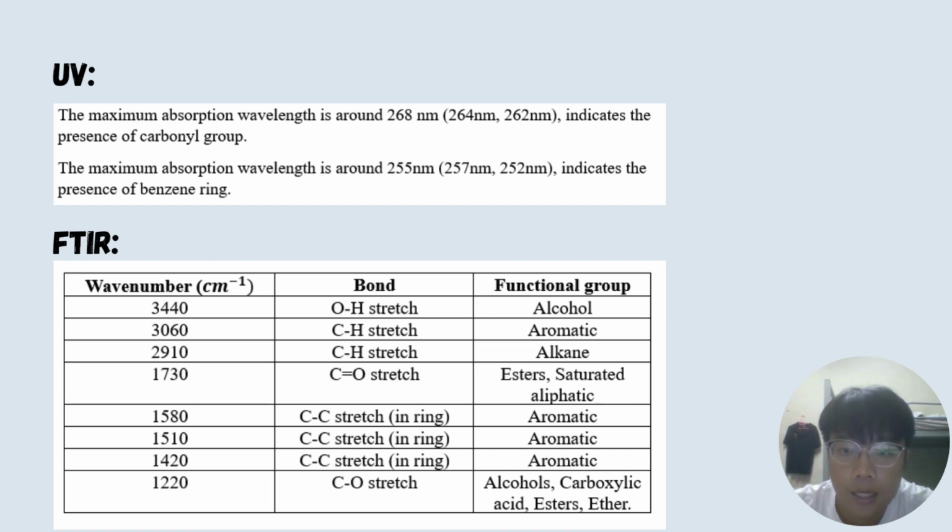And also about 3060, 1730, and 1220 with the aromatic functional group and also ester saturated aliphatic, with the different bonds: C double bond O, C single bond H, C single bond C. So this one is for the FTIR test.